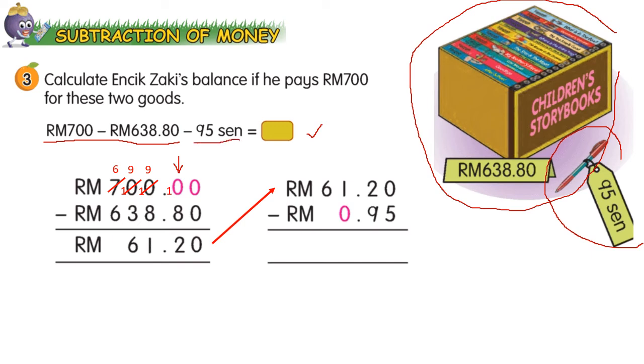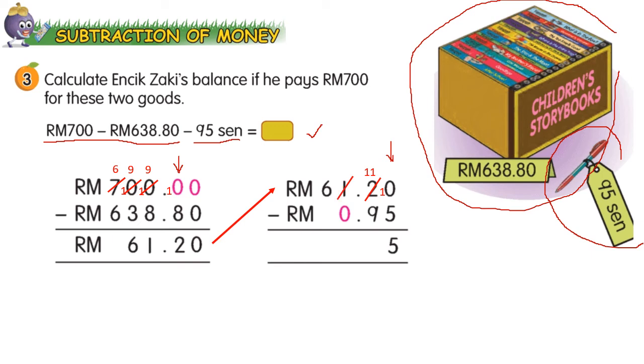So 95 cents in RM, you have to write 0.95. Again, start from here. Because 0 is smaller than 5, you have to borrow. Now 10 minus 5 is 5. 1 minus 9, still small, have to borrow.